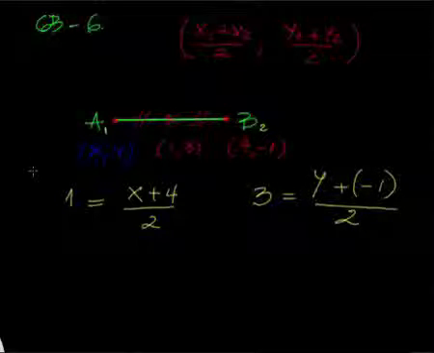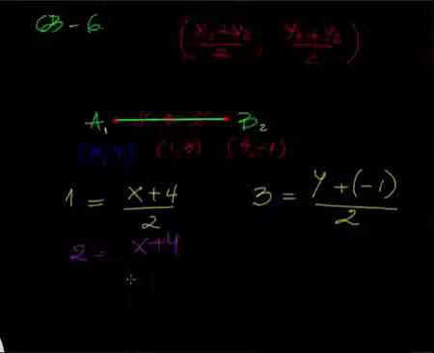Some simplification steps that we did before. We want to get rid of 2 to isolate x, so that's the first one that we're going to move over here, times 2, and -4 to get rid of this guy. So I get that x is equal to -2.